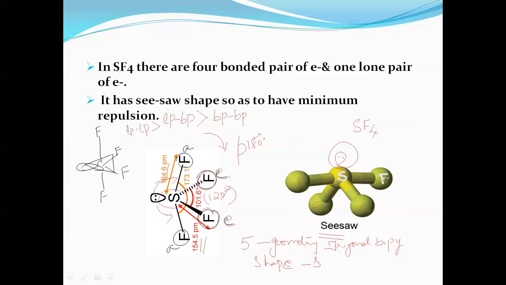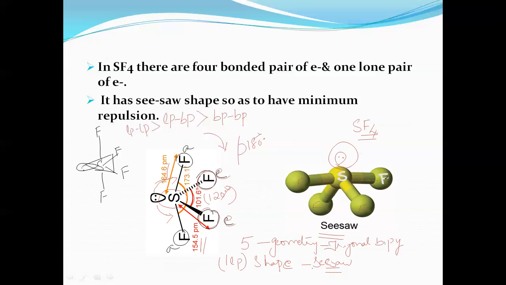So the shape is seesaw, while the geometry is trigonal bipyramidal. If there is one lone pair of electrons, the shape will be seesaw. The shape would be the geometry of the molecule if there were no lone pairs, but as there is one lone pair of electrons in this SF4 molecule, the shape of the molecule is seesaw here.